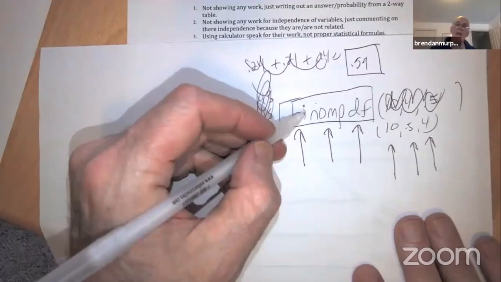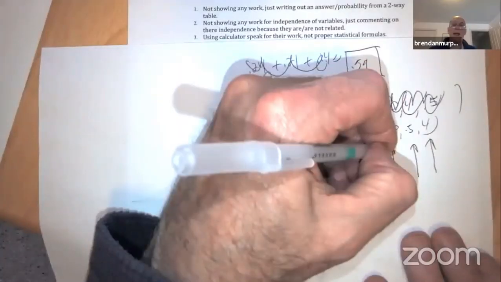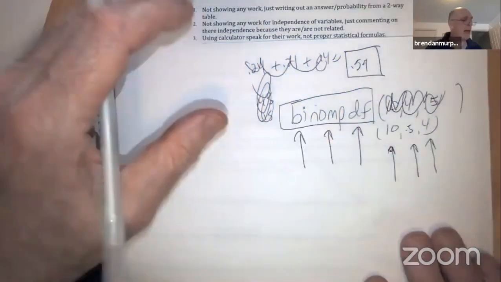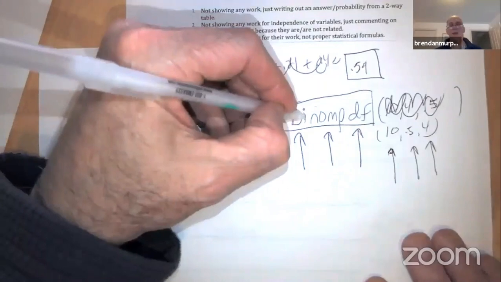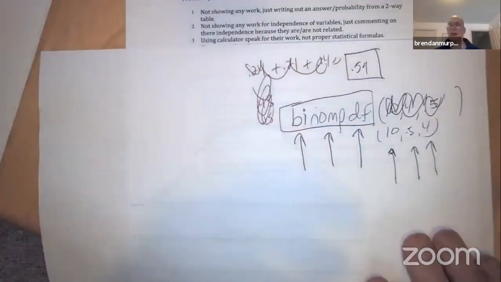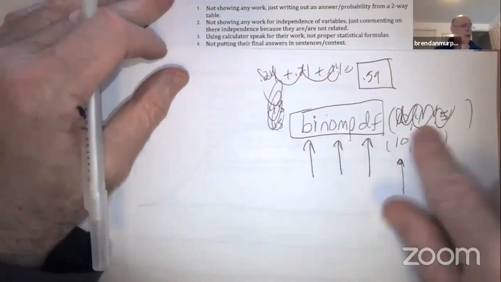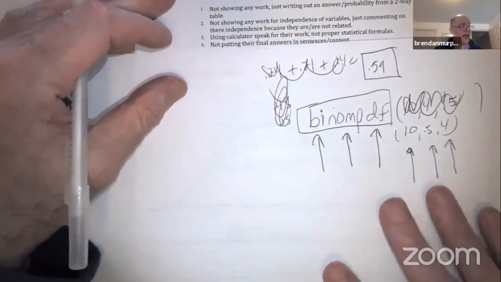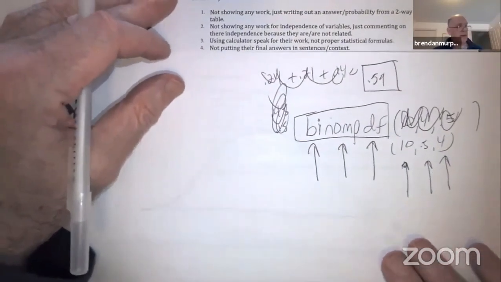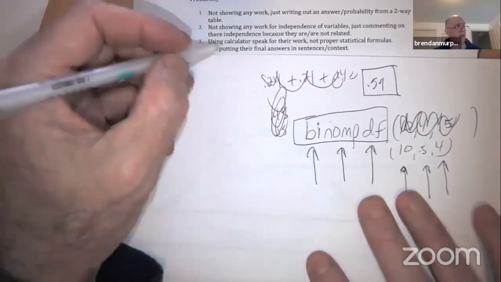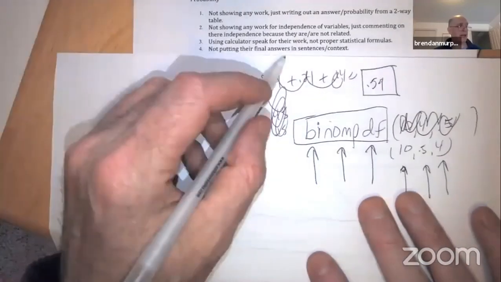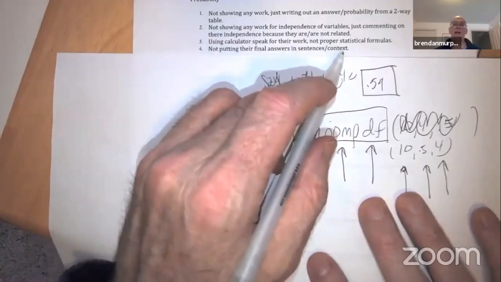When you use calculator speak, you run the risk of not getting full credit, especially if you don't identify all the parameters. So again, I'll leave that up to you and your teachers, but I would much prefer my students tell me just in words, Mr. Murphy, it's a binomial setting, and so on. It's so much better than calculator speak. And again, Luke and I have said this pretty much every day since we first met: not putting final answers in full sentences and context.